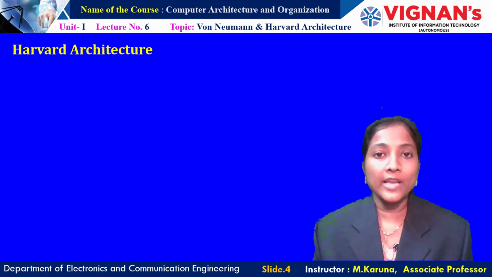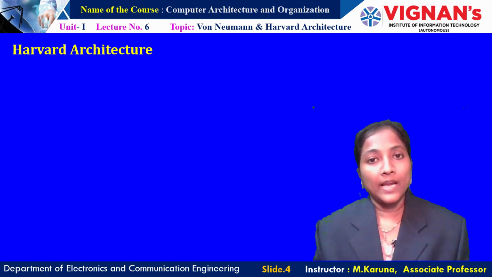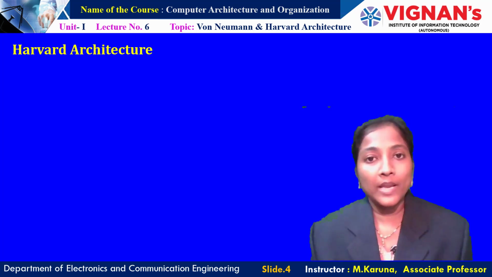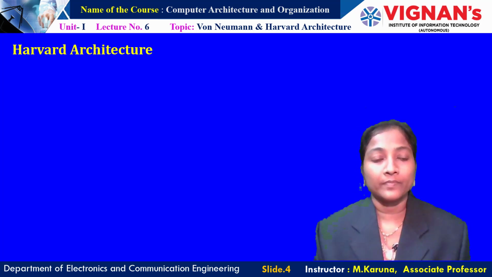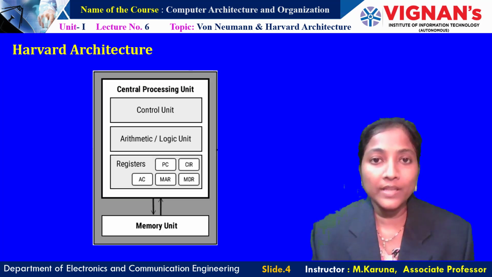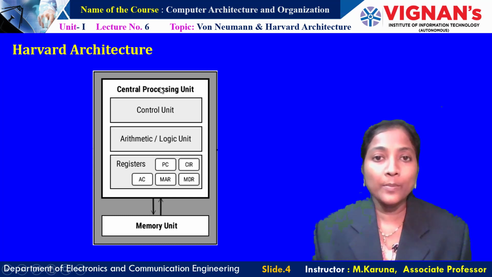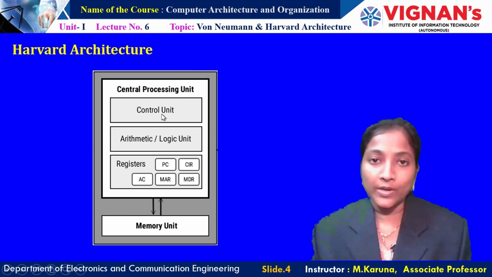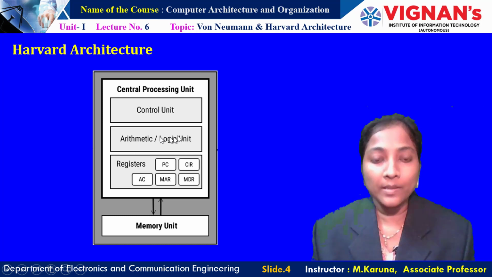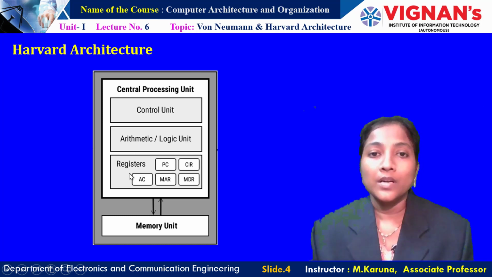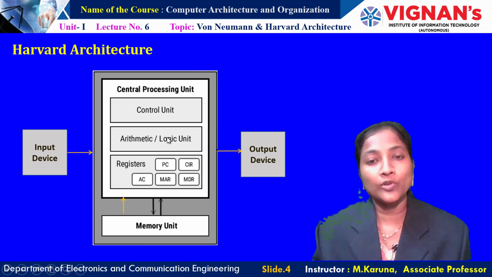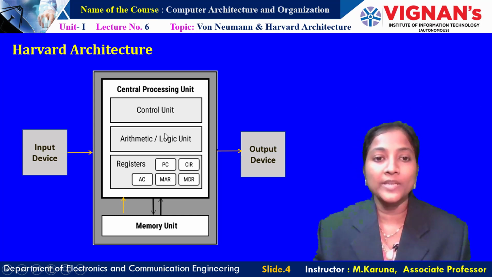The Harvard architecture is a modern computer based on the Harvard Mark I relay based system. In this architecture, the central processing unit contains the control unit, arithmetic and logic unit, and registers. The arithmetic and logic unit performs the arithmetic and logical operations.